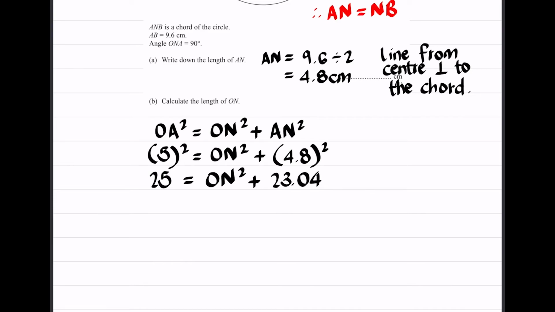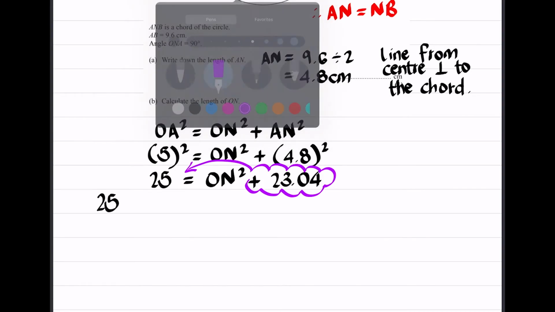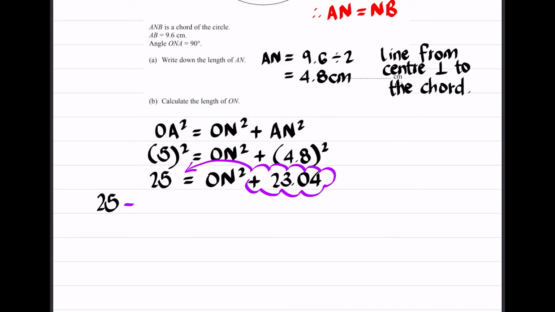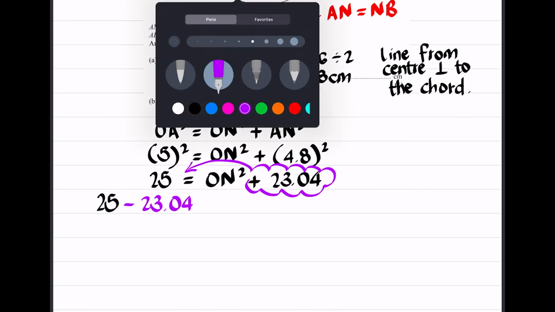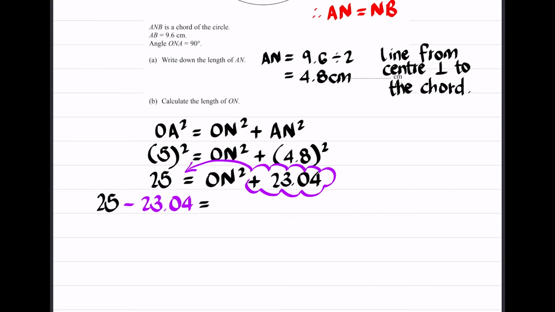I want ON squared by itself, so I'm going to take the positive 23.04 across the equal sign. The 25 stays the same, stays first. The 23.04 now becomes negative 23.04, and that is equal to ON squared.